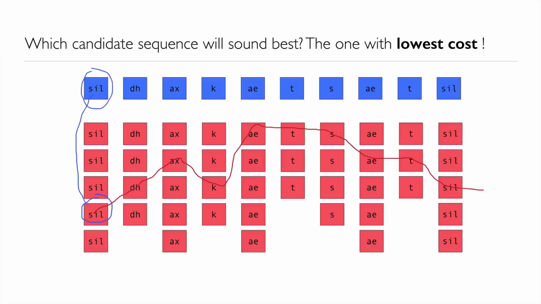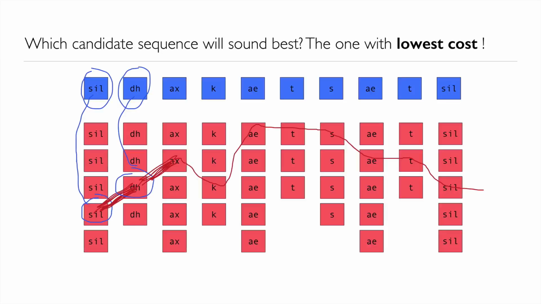Possibly that's a simple weighted sum of linguistic feature mismatches, plus the join cost between these two units, plus the target cost of this candidate with respect to its target, plus the concatenation or join cost to the next unit, and so on, summed across the entire sequence.